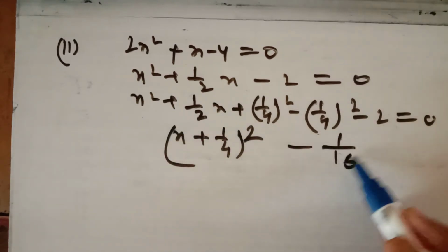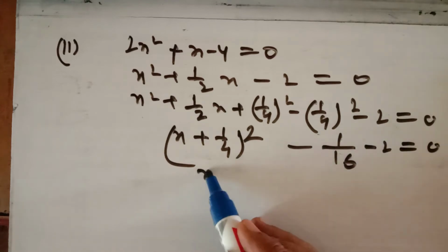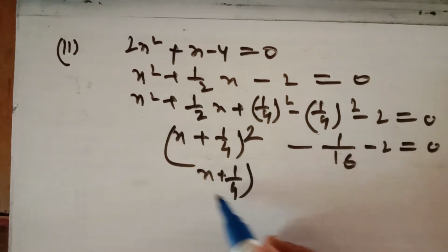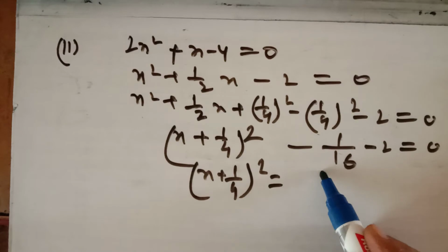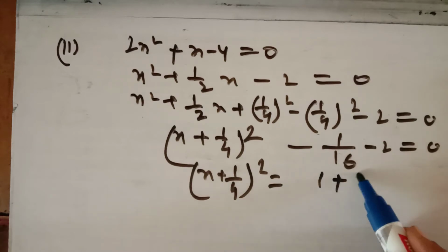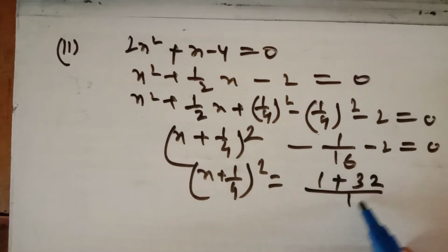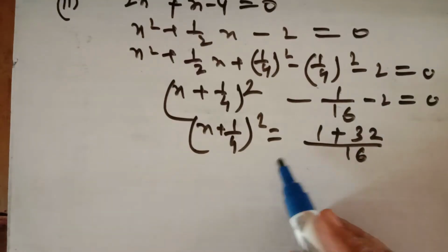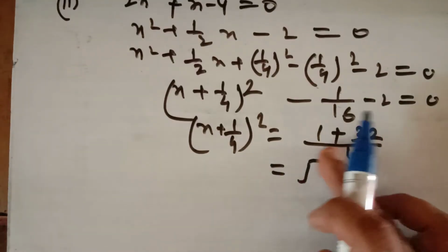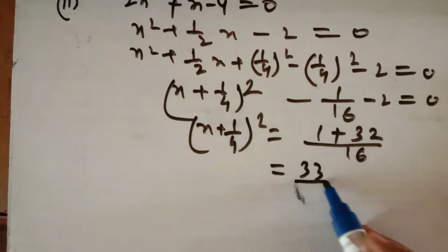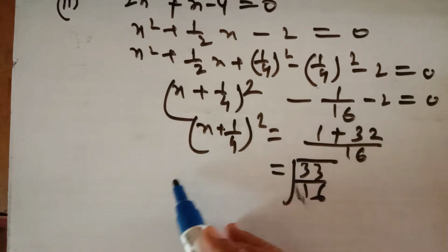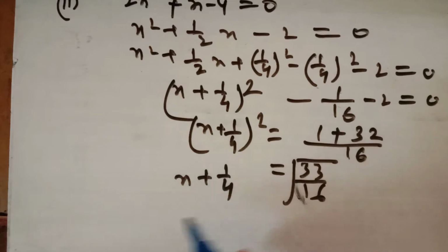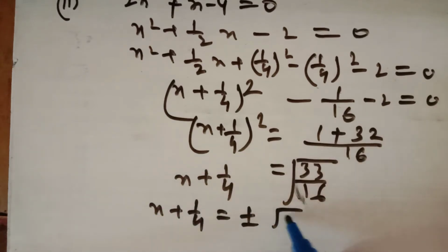You simplify this and take it to the right hand side, it will be 1 plus 32 upon 16, so 33 upon 16. You take your time and simplify it. Take the square root, and x plus 1 upon 4 is equal to plus minus root 33 upon 4.